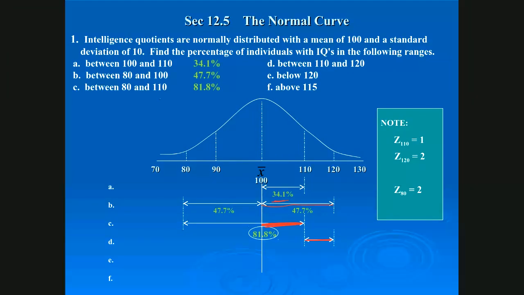So we take our 47.7% and we take away 34.1%, and we see we wind up getting 13.6%.